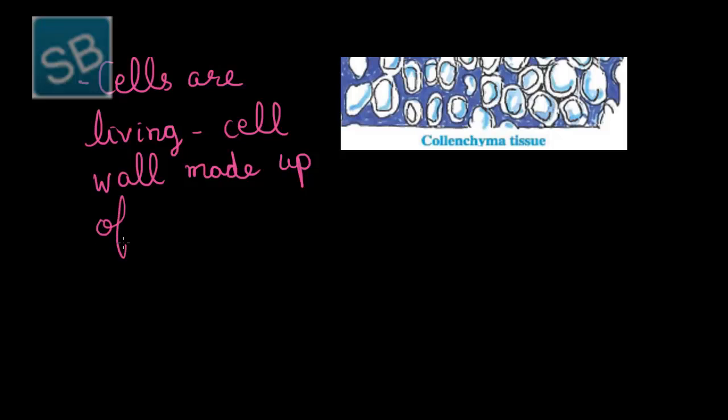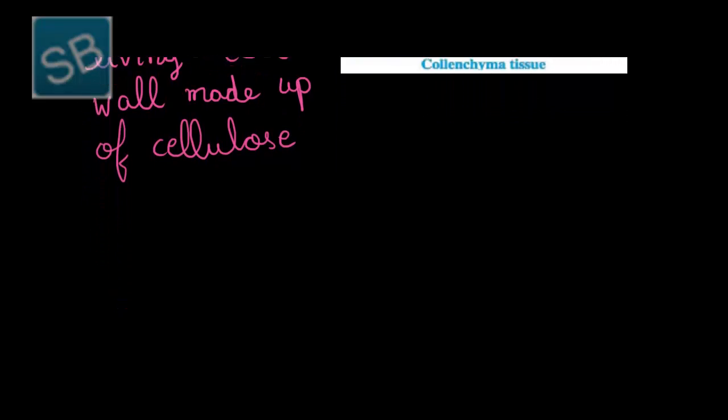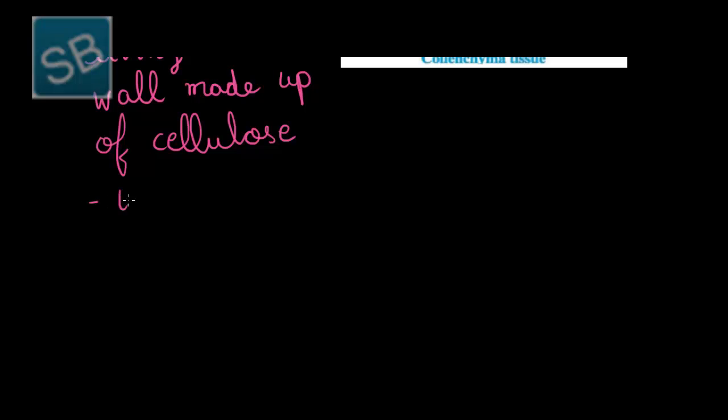However, as you can see from the figure, there is a purple shaded pigment present. This is pectin. Thus, inner walls show thick deposition of pectin.